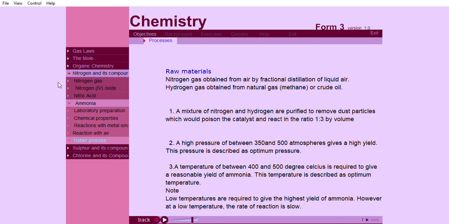Raw materials. Nitrogen gas is obtained from air by fractional distillation of liquid air. Hydrogen gas is obtained from natural gas, which is methane, or crude oil.